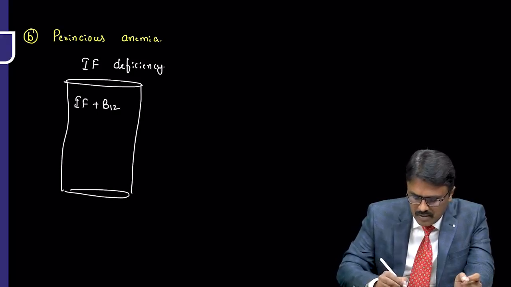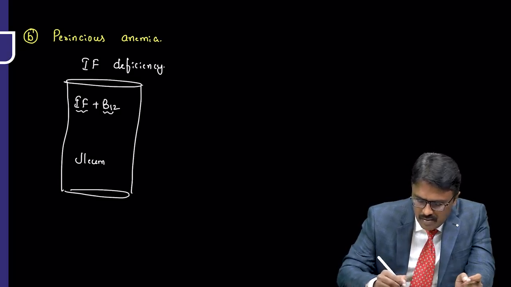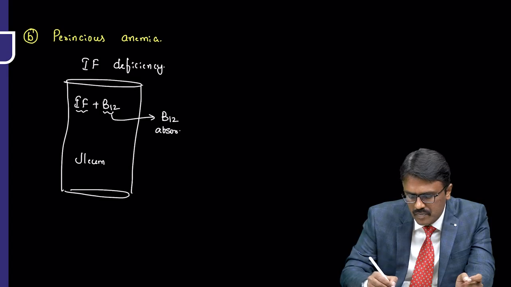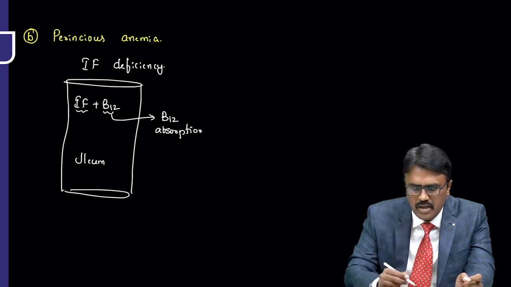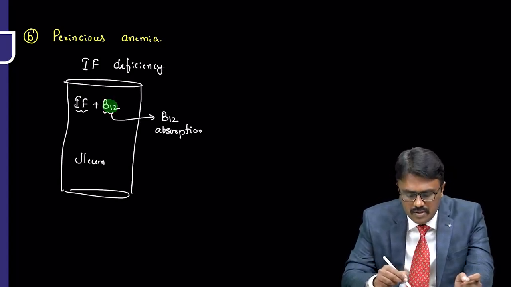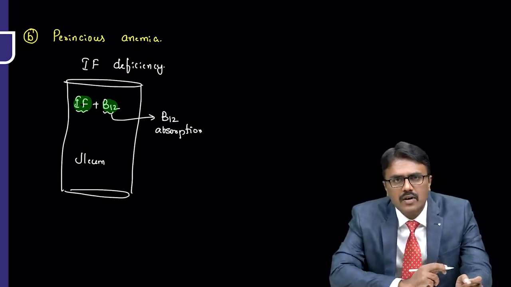With the help of intrinsic factor, B12 will combine and then only the B12 gets absorbed. Now, if the patient has pernicious anemia, even if you give B12, it is not absorbed because there is no intrinsic factor.